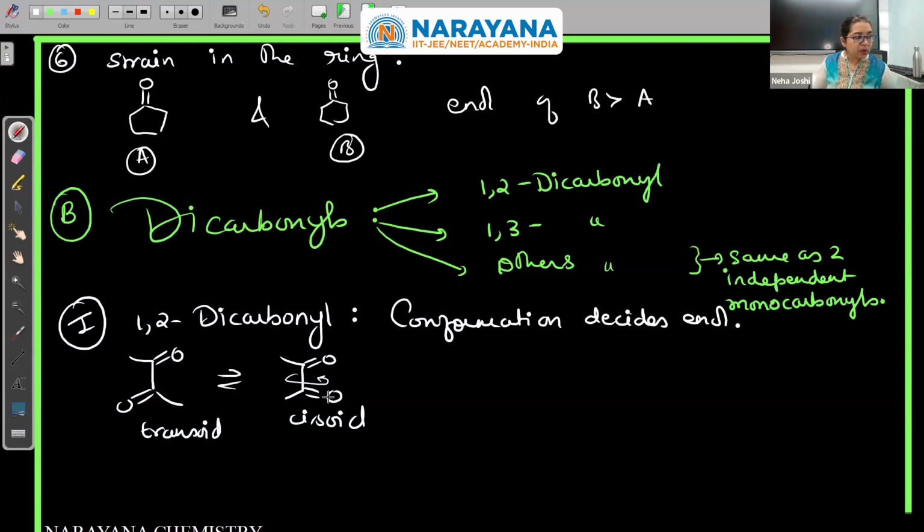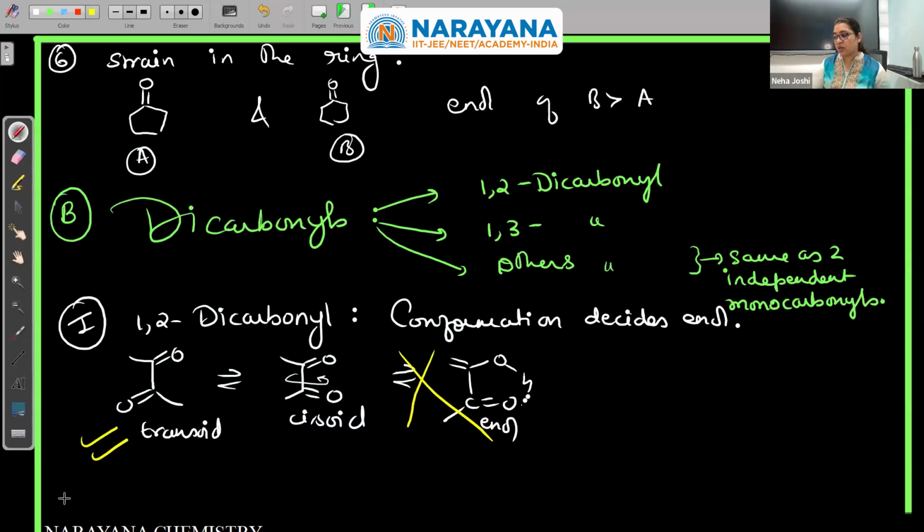Now there is a high dipole repulsion between the two adjacent carbonyls. This high dipole repulsion makes cissoid structure unstable. So it has two choices, either to go to transoid or can go to enol. But as you know, enol is thermodynamically less stable, right? So there is no need to go to this side when you have a rotation and maintaining this. Of course, this will be somewhat, but no need to compulsorily go into this.